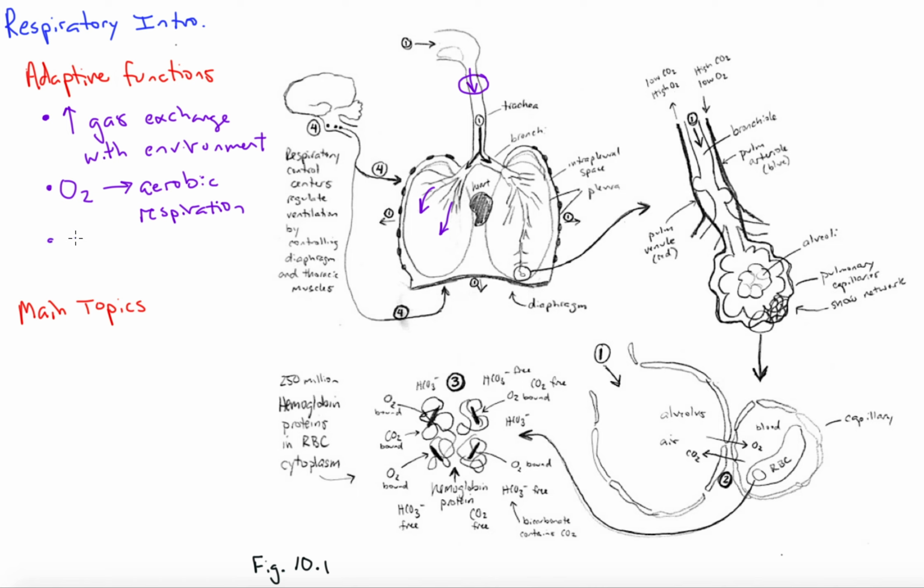Now, let's talk a little bit about carbon dioxide. We don't want to forget carbon dioxide, right? Because oxygen is being taken up at the lungs, but carbon dioxide is being given off to the environment at the lungs. And you might say, okay, well, that's just a waste product, go get rid of it, right? But why is it so important? Well, getting rid of CO2 is very important because it's linked, again, we won't get into the details here, to pH regulation.